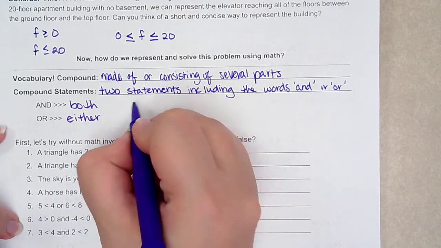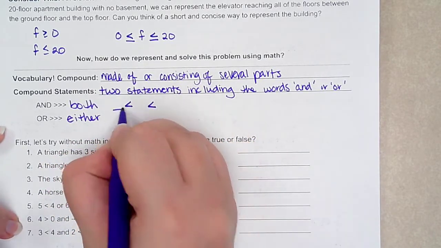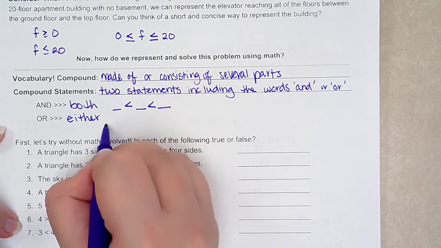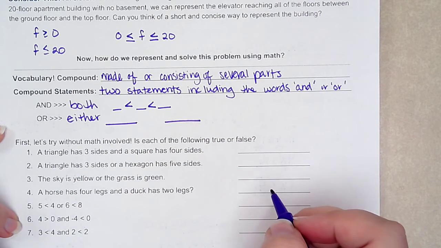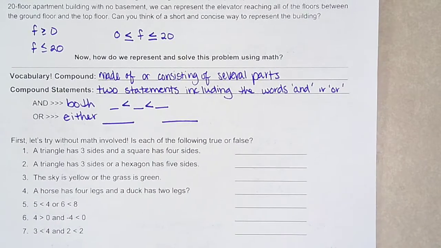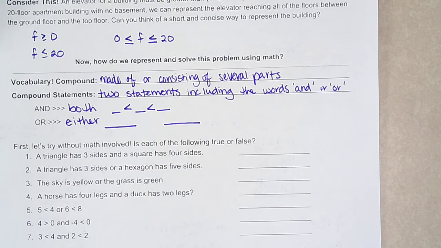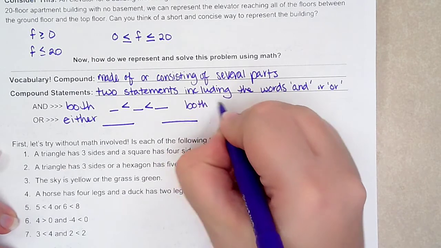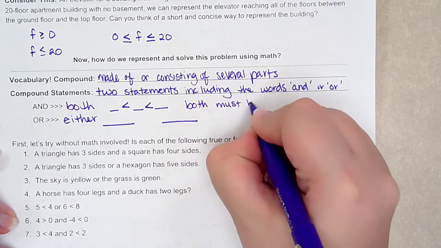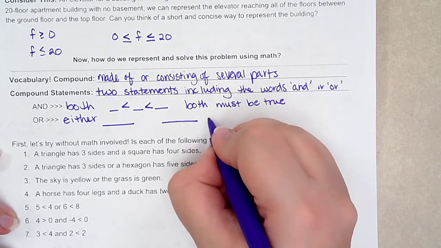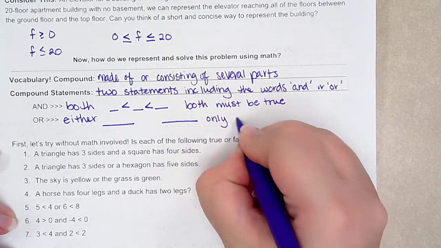We write and statements like the one above, something is less than something is less than something, whereas either we have to write as two different inequalities, so they are separate. So let's talk about this. If and means that both statements must be true, both or all, whereas or means only one must be true.